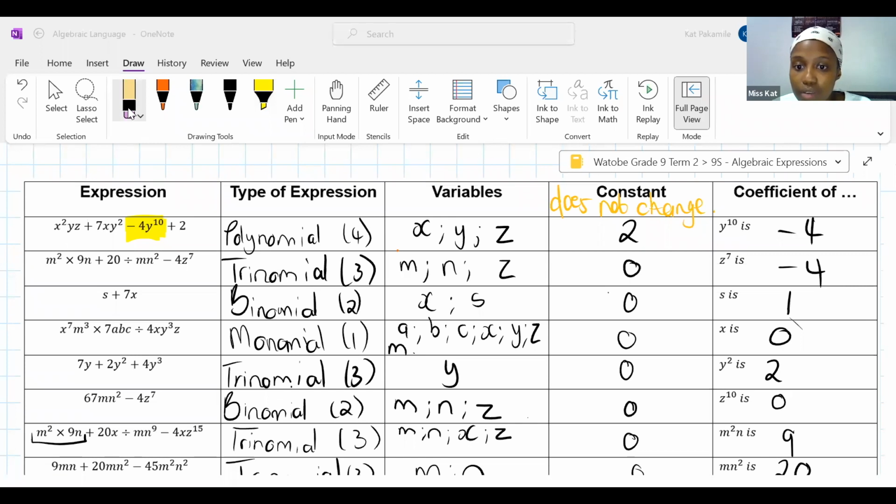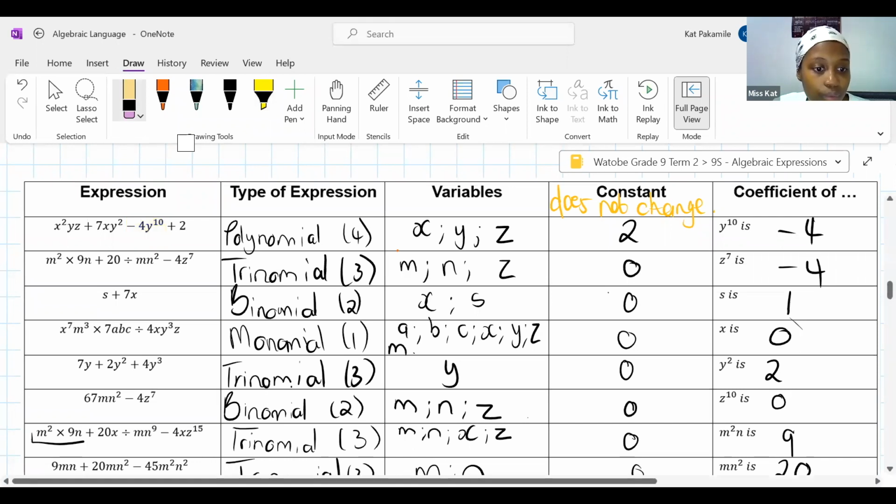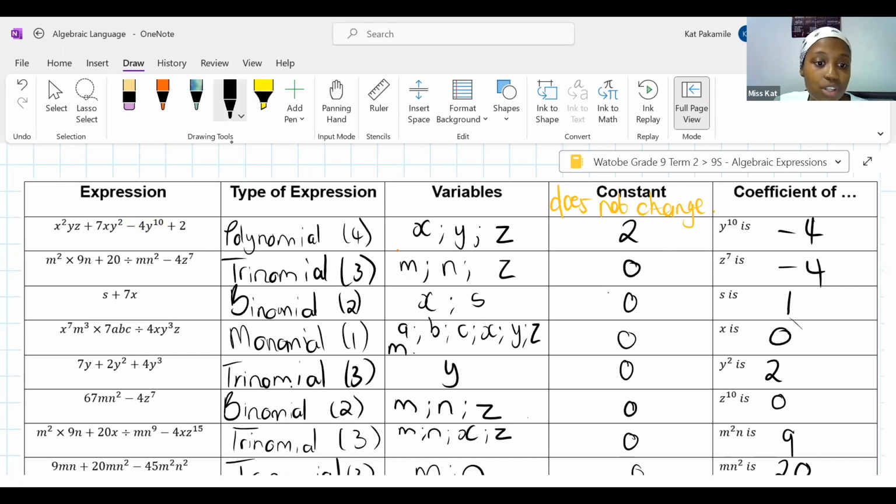Okay, Tato, do you have a question? Yes, ma'am. For the fourth expression, isn't the coefficient 1 for x? Remember, we said this is one whole term. When I say the coefficient of x, I mean just x, not x y cubed z to the 5 7.